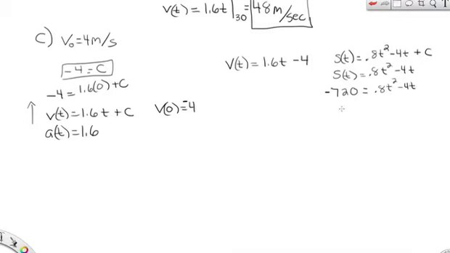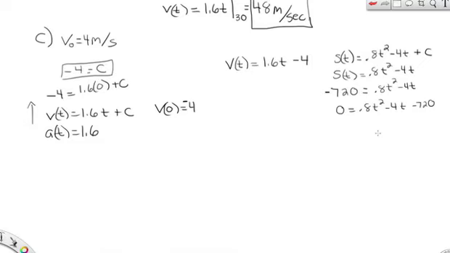So solving this quadratic, 0.8 t squared minus 4t minus 720, and now I need to solve for my time. Let's see here. This doesn't seem like it'd be a lot of fun to factor, so I'm going to very quickly do it on my calculator. 0.8 x squared minus 4x minus 720.